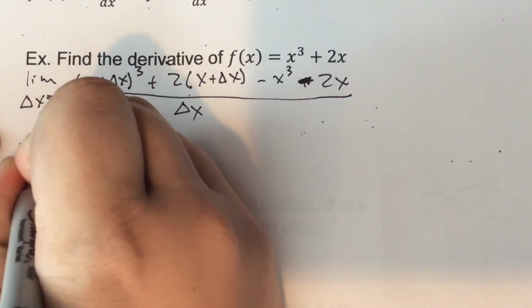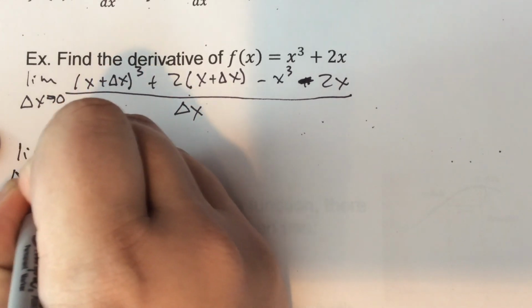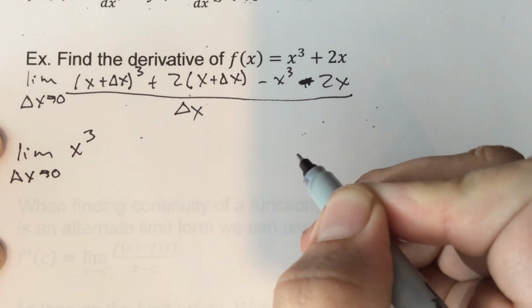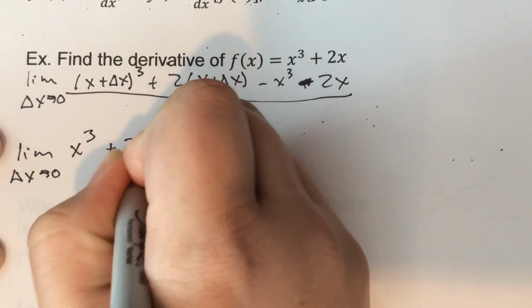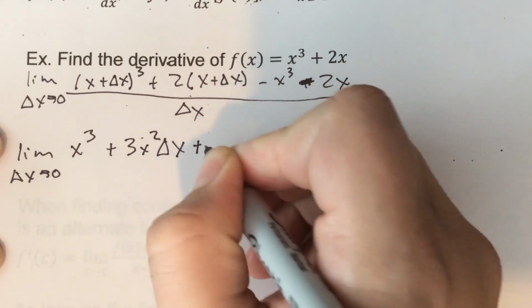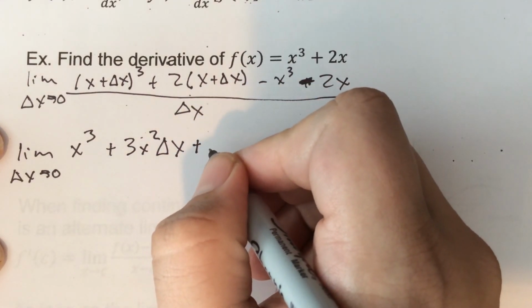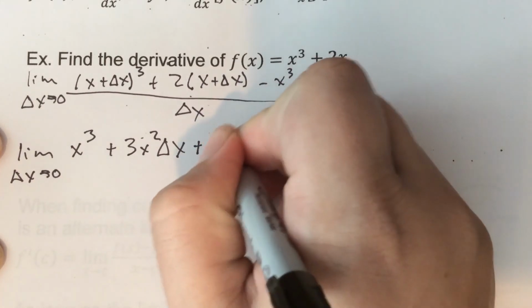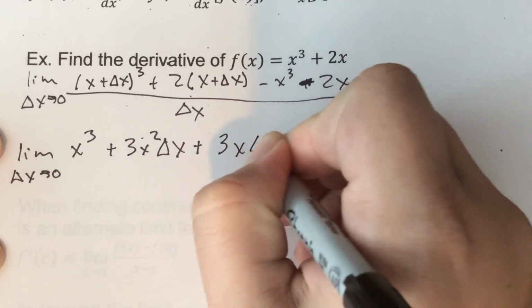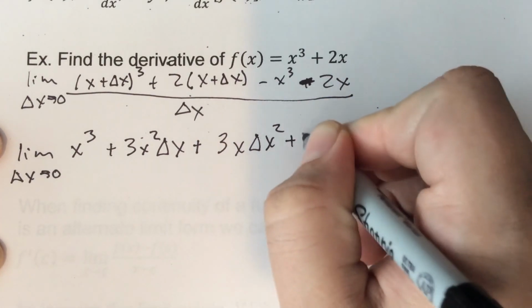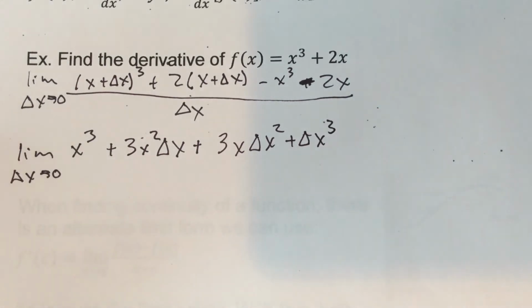So the limit as the change of x goes to 0 of x cubed plus 3x squared change of x plus 3x change of x squared plus change of x cubed.